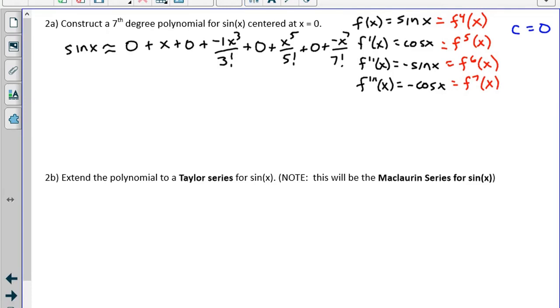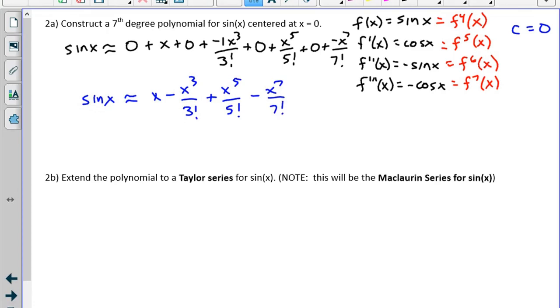So I can write sine of x as a 7th degree polynomial as x minus x cubed over 3 factorial plus x to the 5th over 5 factorial minus x to the 7th over 7 factorial, and that will continue to go on and on and on.